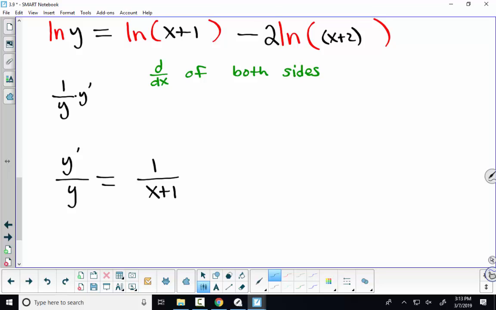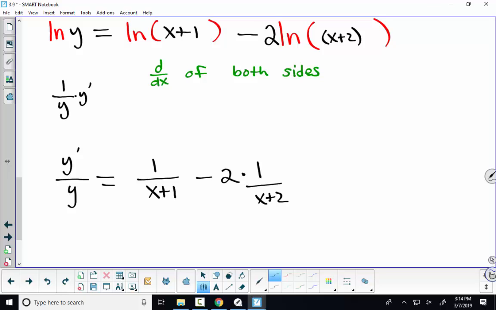So the derivative of ln of x plus 1 is just 1 over x plus 1. Then we have minus 2 times the derivative of the natural log of x plus 2. That's 1 over x plus 2 times the derivative of x plus 2, which is 1. A lot simpler, right? That's 1 over x plus 1 minus 2 over x plus 2.